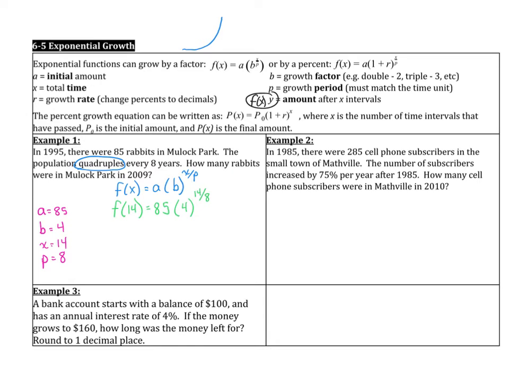Now, in your calculator, this is the way you would type it in. 85 times 4. Now, you're going to press whatever your exponent button is. Depends on your calculator.